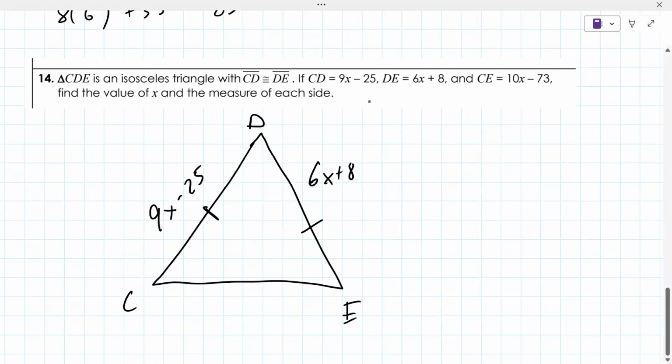These are the two congruent sides, so these are the two equations that you're setting equal. Just like the previous problem, you want to move the variable from the smaller side to the larger side. So give that a try, please. See if you can solve for x.